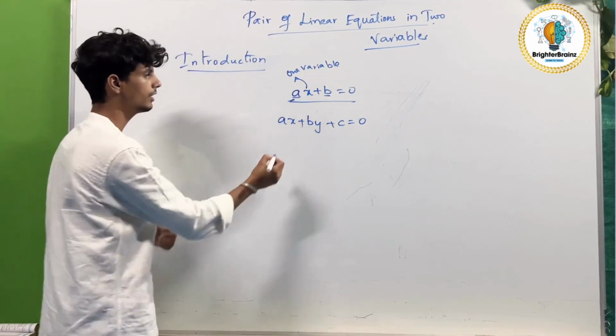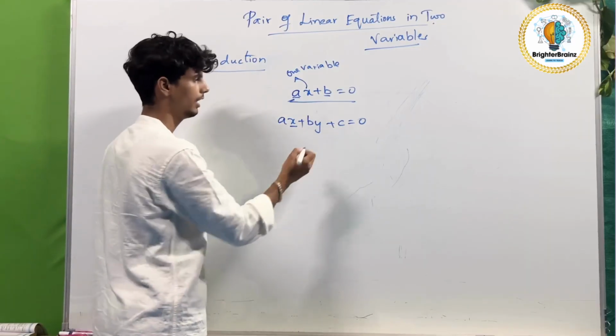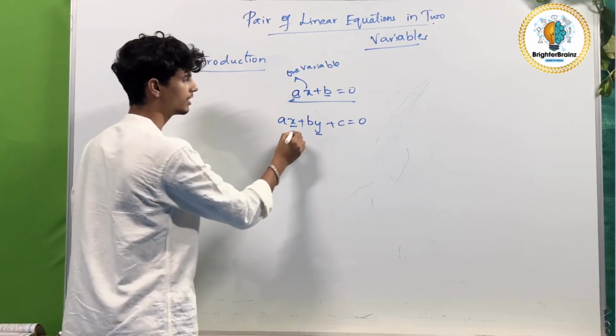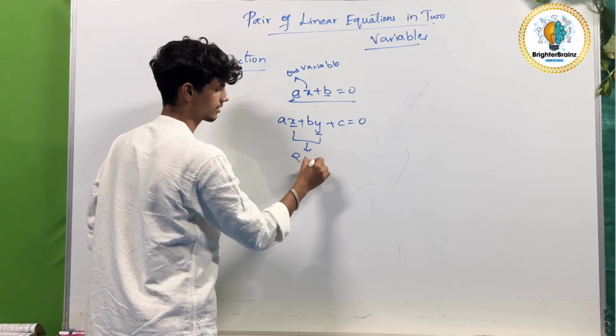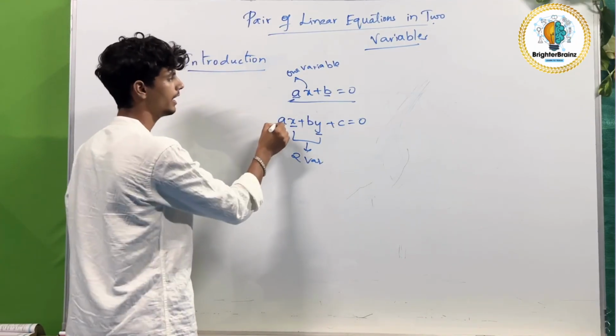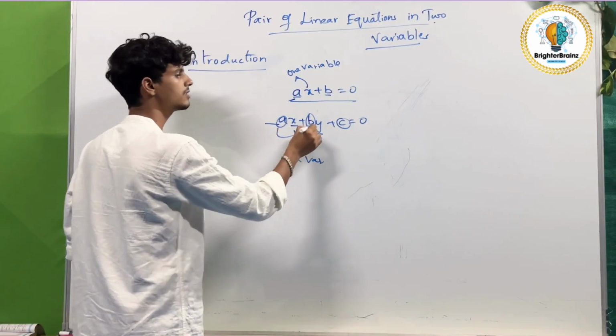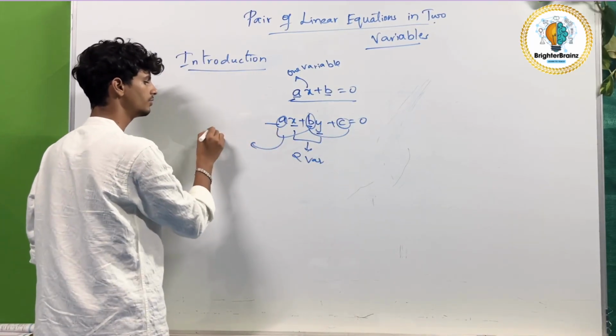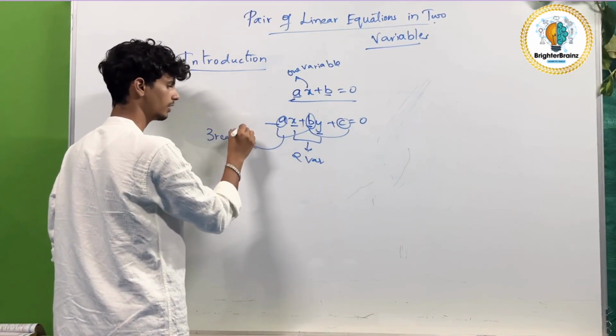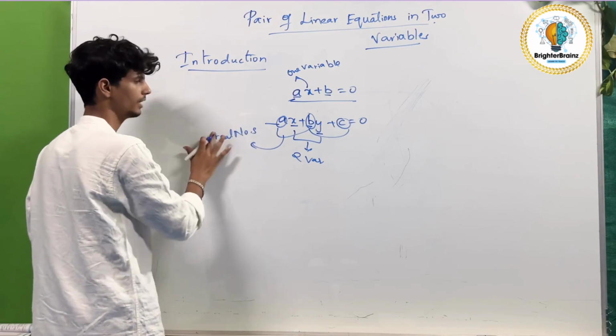Here x is one variable and y is one variable, so these are two variables, and a, b and c are three real numbers.